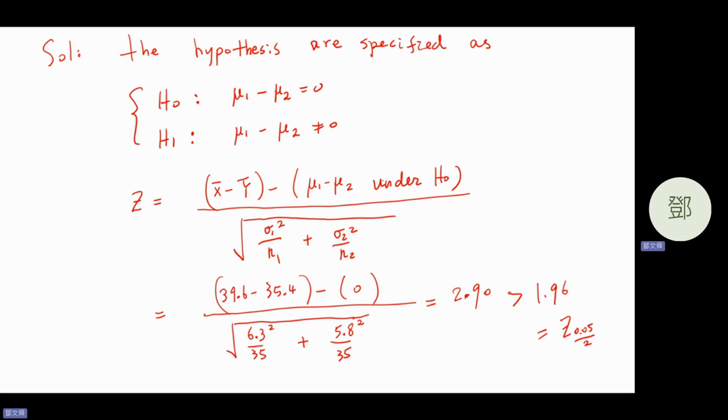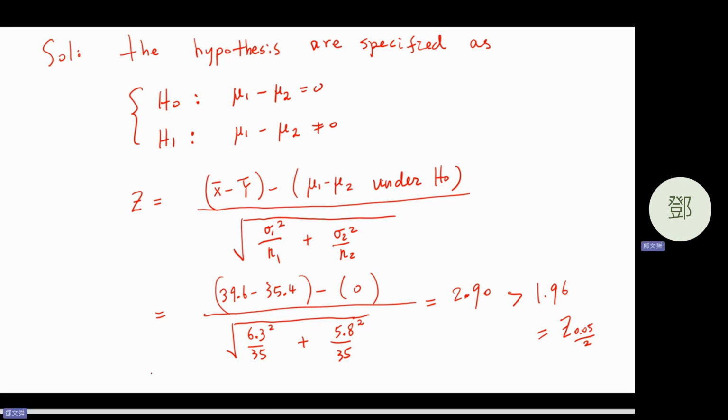Don't forget to divide it by 2. Okay, divide the level of significance by 2, because it is two-tailed. And this is 2.9. Okay, and so the decision is to reject the null hypothesis.